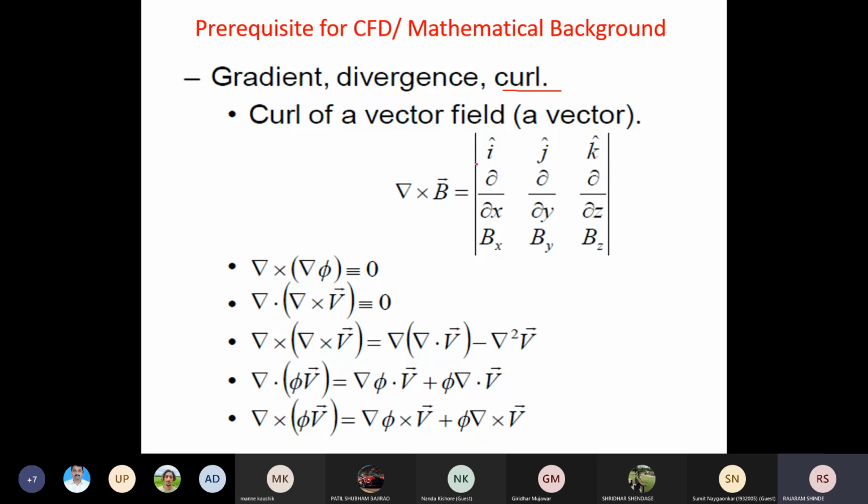Okay, that is a cross product, and this cross product you know. This term is very important in fluid dynamics. Why is it important in fluid dynamics? If we take the cross of this gradient and the velocity field, then you will get the vorticity.